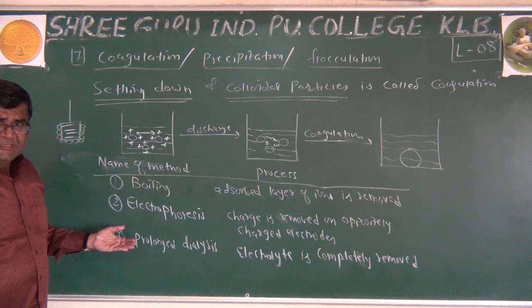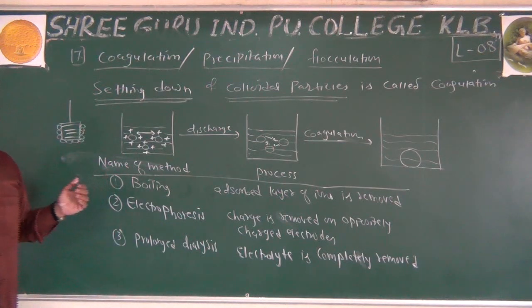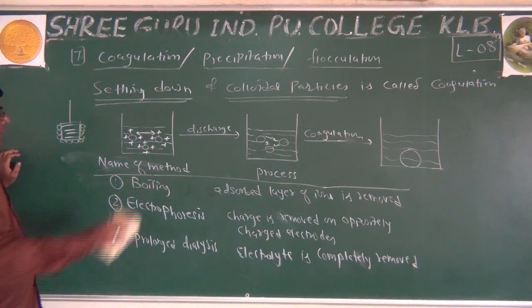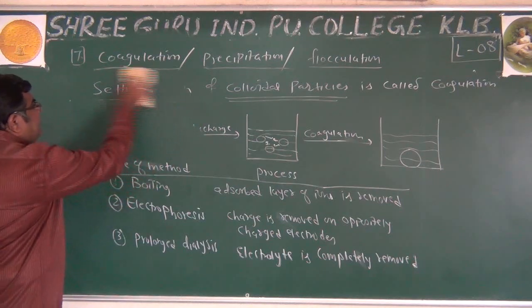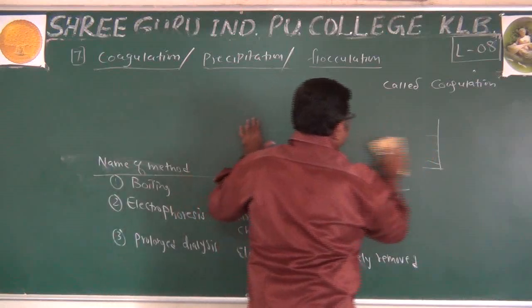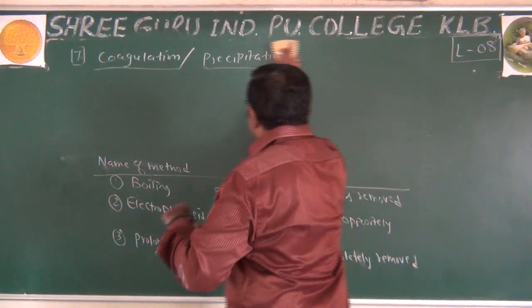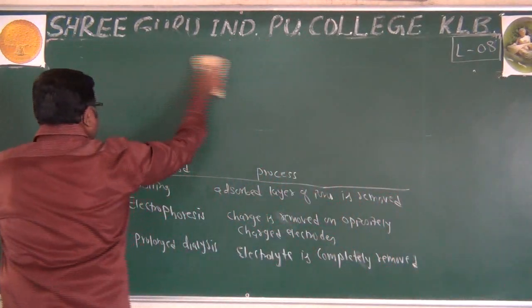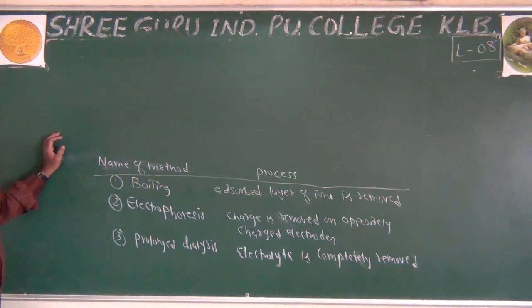A trace amount of electrolyte is needed, and that's why they get coagulated. The fourth method is called mutual coagulation.